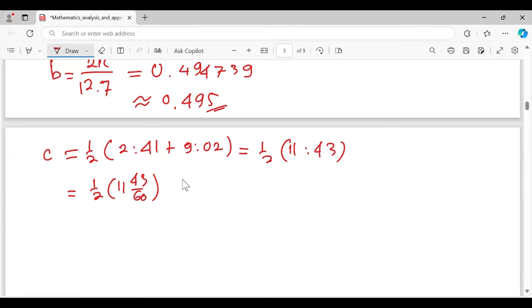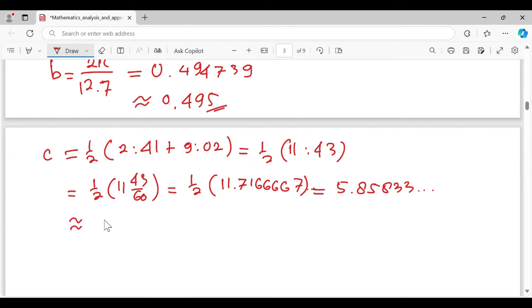We convert to decimal, 11.716667. And if you calculate half times this, the result is 5.85833 and so on.